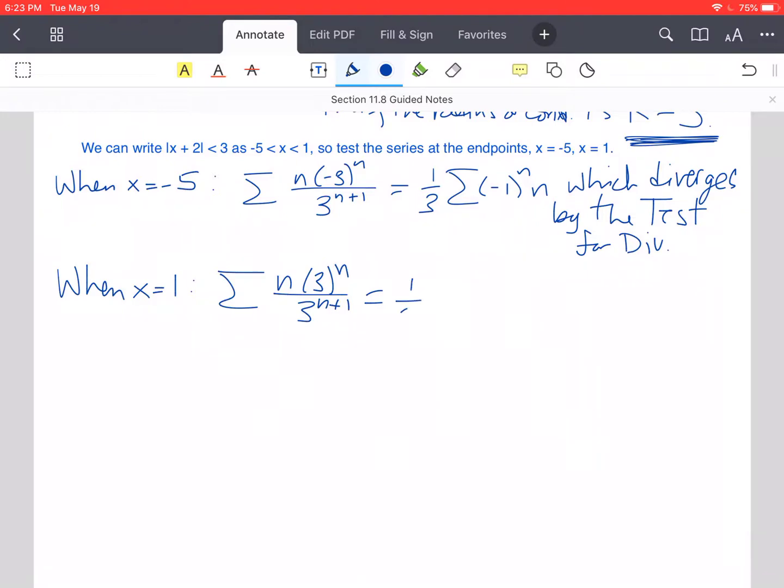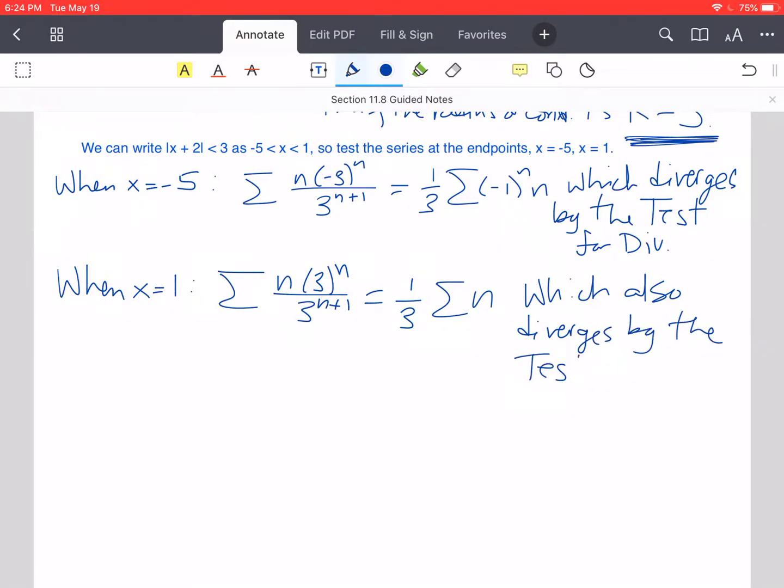So this is just 1/3 times the sum of n, which is certainly going to be divergent, because n is just going to grow and grow and grow. So which also diverges by the test for divergence.